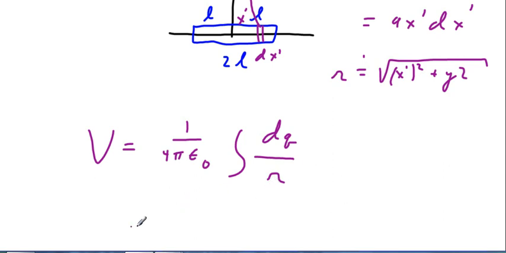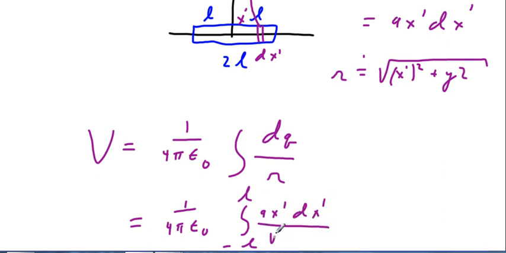And then this is 1 over 4 pi epsilon naught integral from minus L to L of a x prime dx prime divided by the square root of x prime squared plus y squared. That's what I'm going to do.